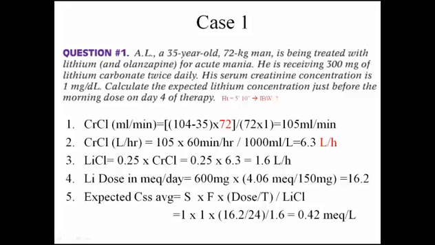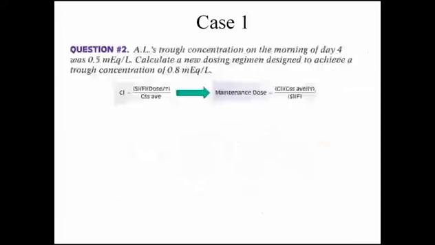Now, let me illustrate this again. We use population clearance because we did not have a patient level to estimate the actual lithium clearance of this patient. Now, in question 2, addressing the same case, we have a trough level of 0.5.